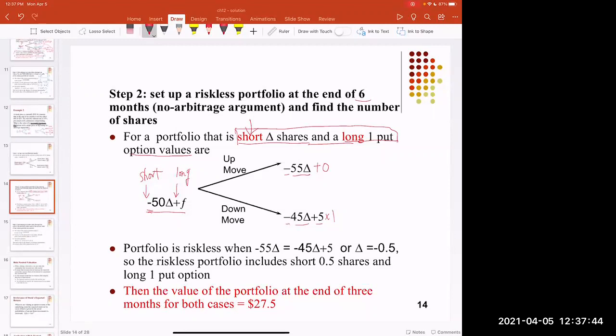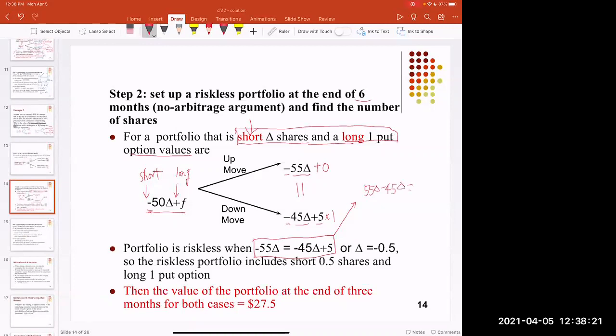Once we set up this portfolio, we can use the no-arbitrage assumption. Since there's no arbitrage, the value at the expiration day should be equal. So with the two equal, we can set up the equation and solve the problem. Negative 55 delta equals negative 45 delta plus 5. To solve this equation, we move negative 55 delta to the right-hand side, so the right-hand side becomes 55 delta minus 45 delta, right?